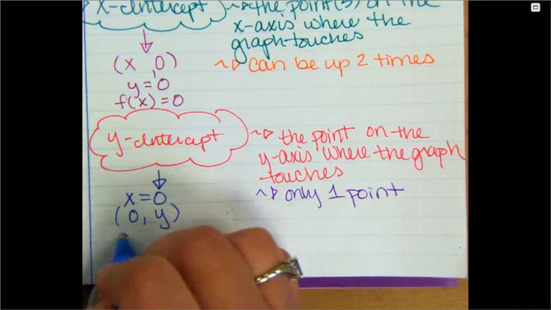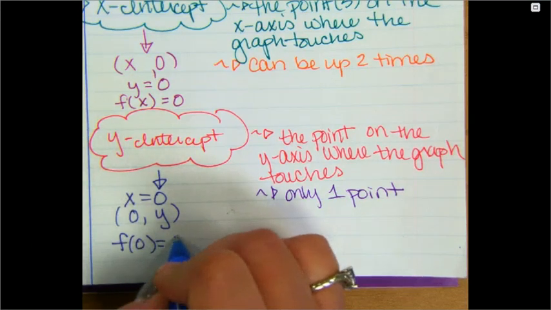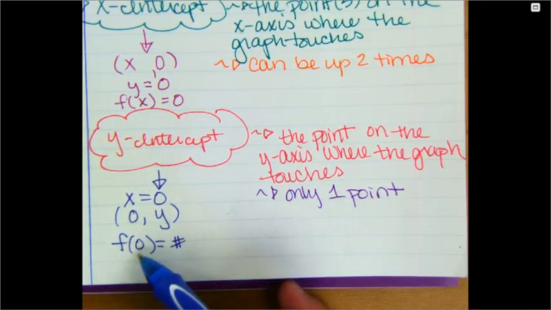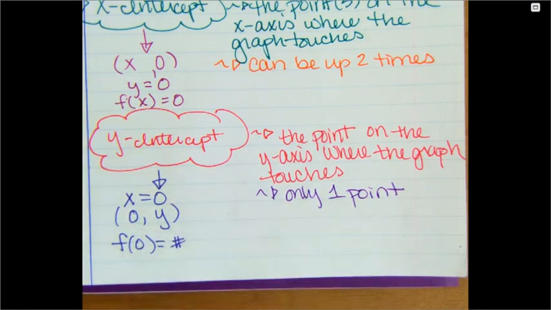F of 0 equals a number, whatever my y value is. That's for your x-intercept.